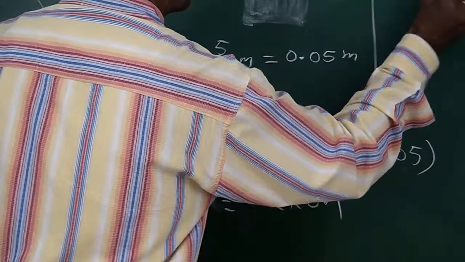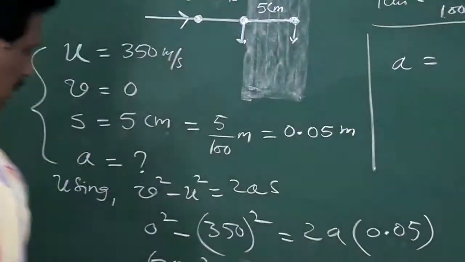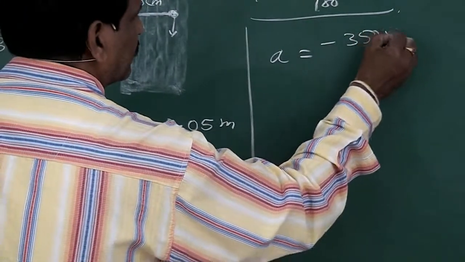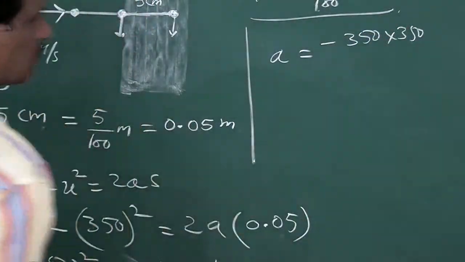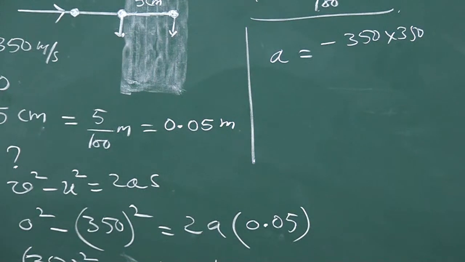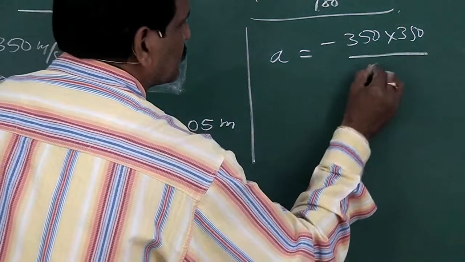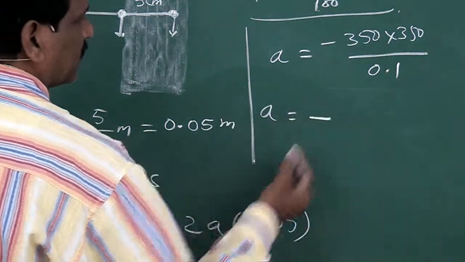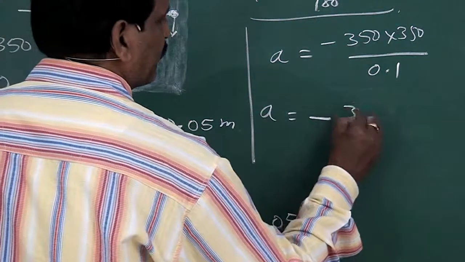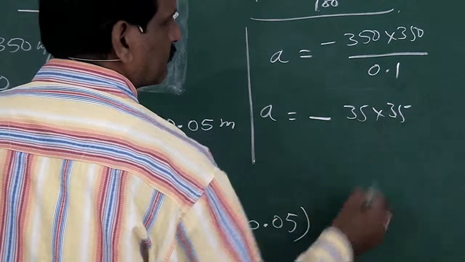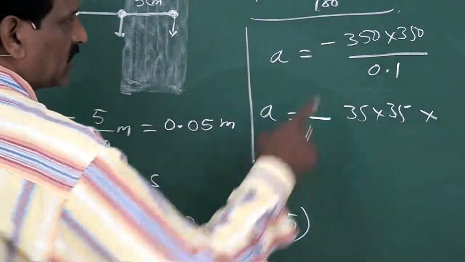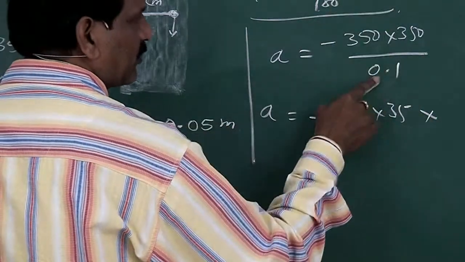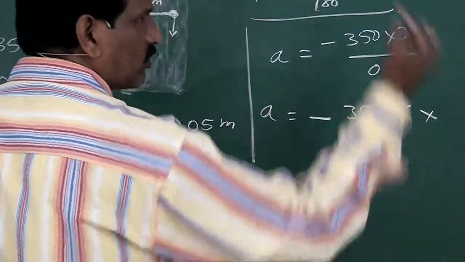So, a is equal to minus 350 square. 350 whole square means 350 into 350 divided by 0.1. So, here a is equal to minus 35 into 35 into, here there are two zeros. 0.1 means 1 by 10, then 10 goes to numerator.